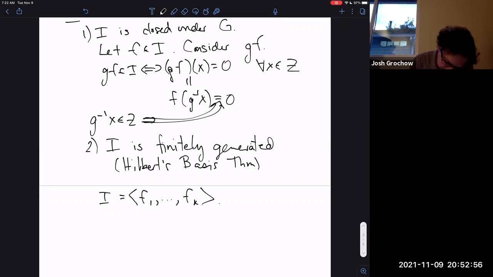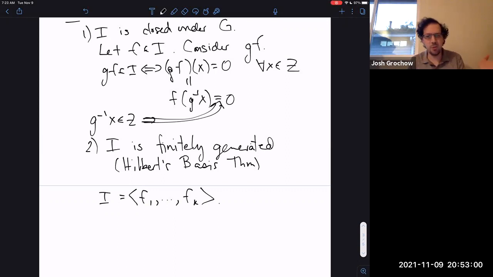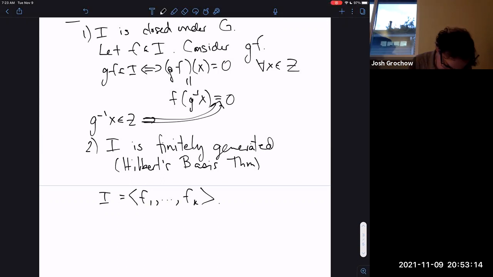And now what we'll do is we'll take these finite generators and we'll just hit them with G. Okay, and a theorem that had been mentioned before is that when G is reductive and you hit a generator with G, you always get a finite dimensional thing, even if your group is infinite, and even though we're in an infinite polynomial ring. Oh, sorry, I don't even need reductive.